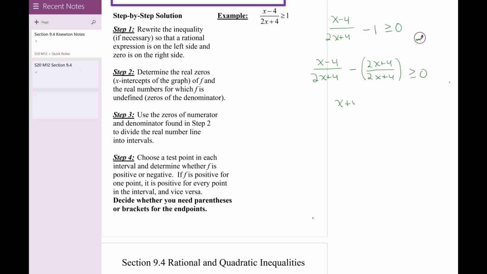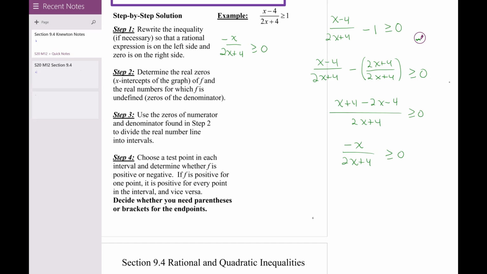So we're going to have x plus 4 minus 2x minus 4 over 2x plus 4. That looks like negative x over 2x plus 4. We want to know when that is greater than or equal to 0.